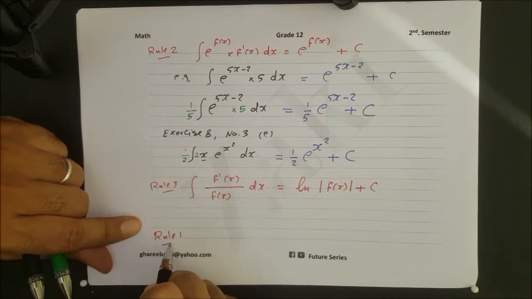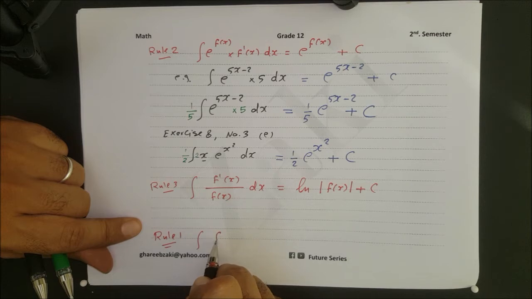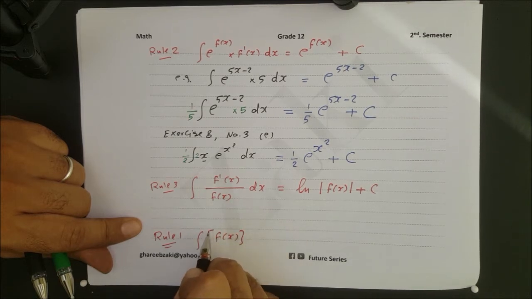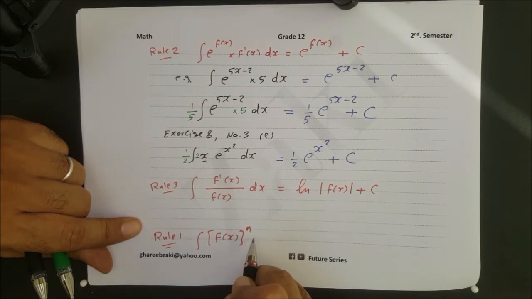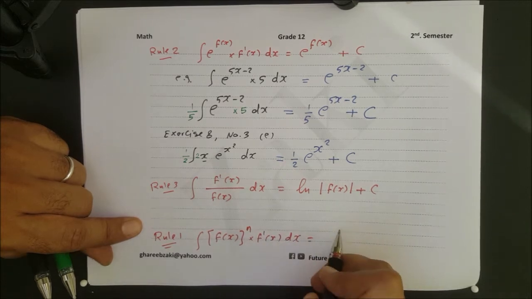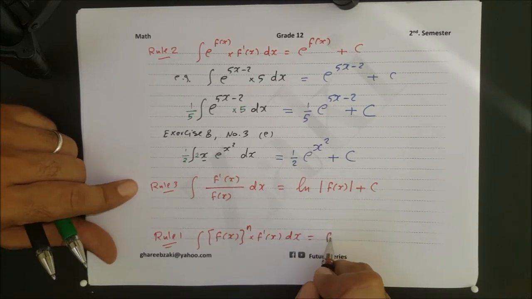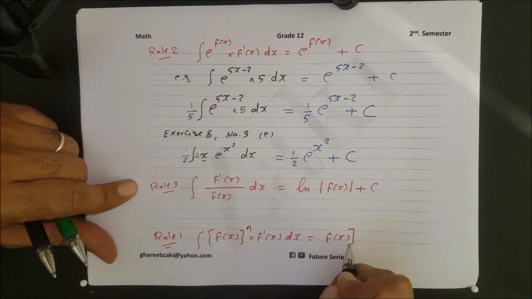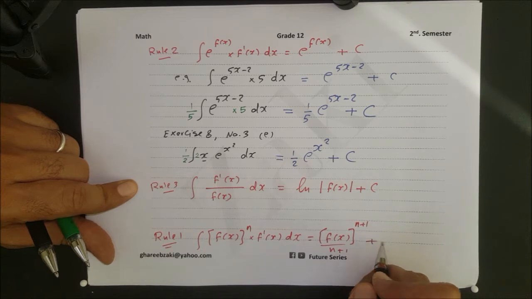That was rule number 1, integration of f of x to the power n multiply f dash x dx. The answer was f of x to the power n plus 1 over n plus 1 plus constant.